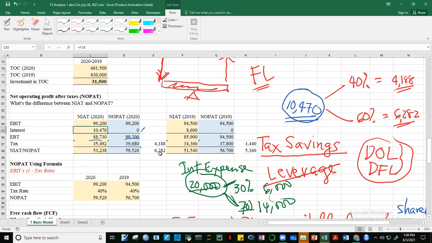NOPAT is larger than net income after tax, but the advantage is not equal to the interest expense. The advantage is the interest expense times 1 minus the tax rate. That is the NOPAT's edge.